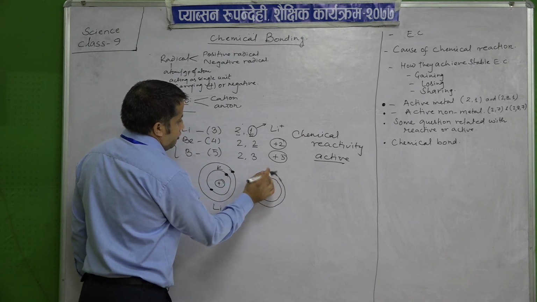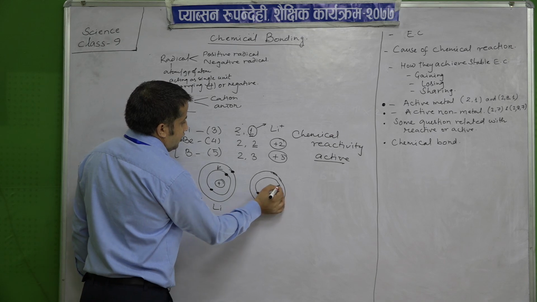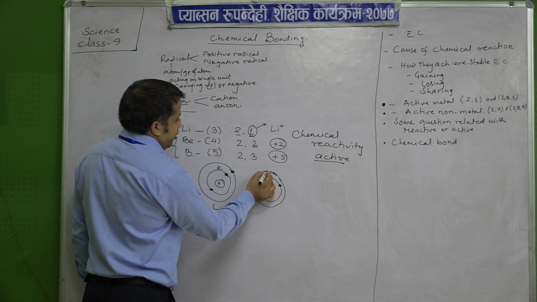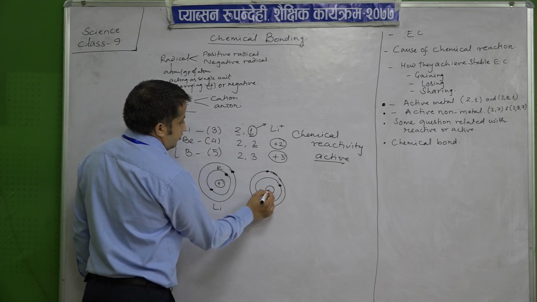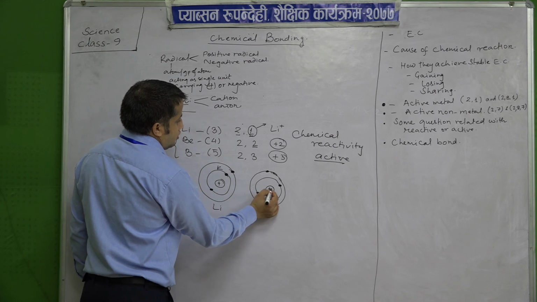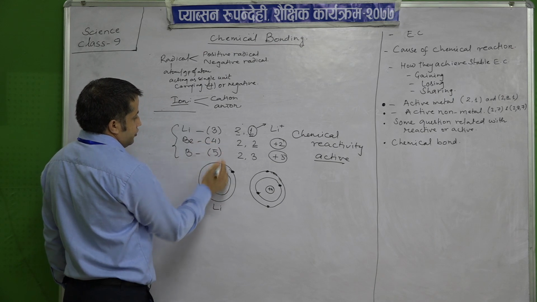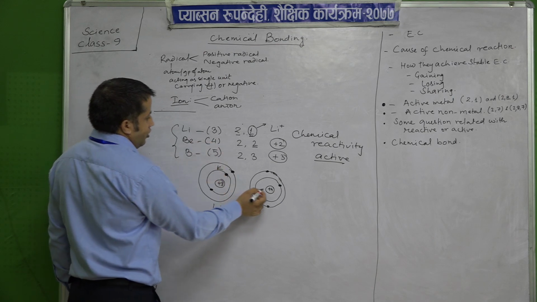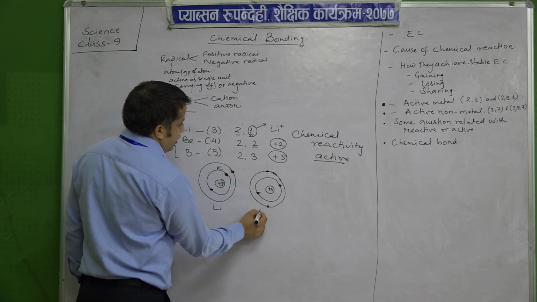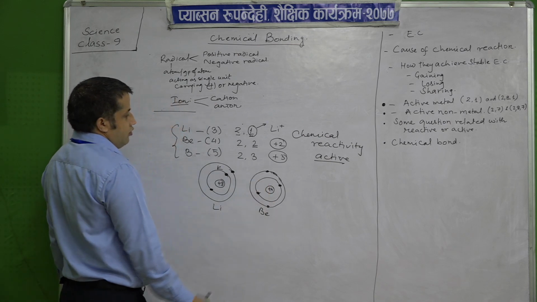And in case of beryllium, try to understand, here 2 and here 2 electrons. Here the protons are 4, and in lithium the protons are 3.